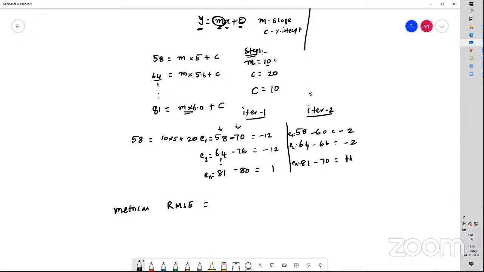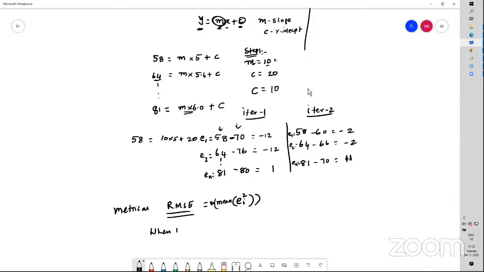So we would square them up, sum them up, compute the mean of it. Then on top of it, we apply root. So that would give us RMSE.